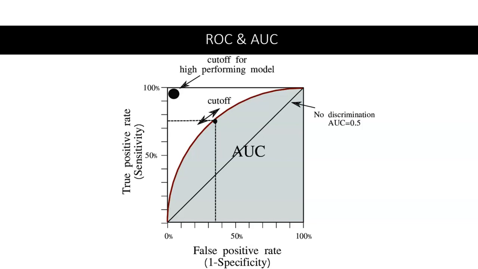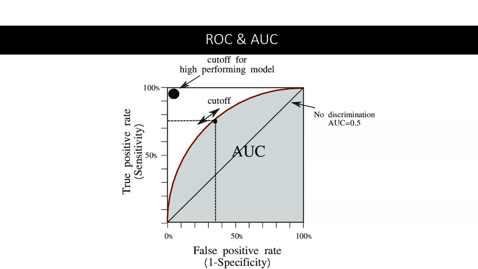Basically, ROC-AUC is a performance measurement for classification problems at various threshold settings, whereas accuracy is the ratio of the number of correct predictions to the total number of predictions. This is the basic idea about ROC and AUC.